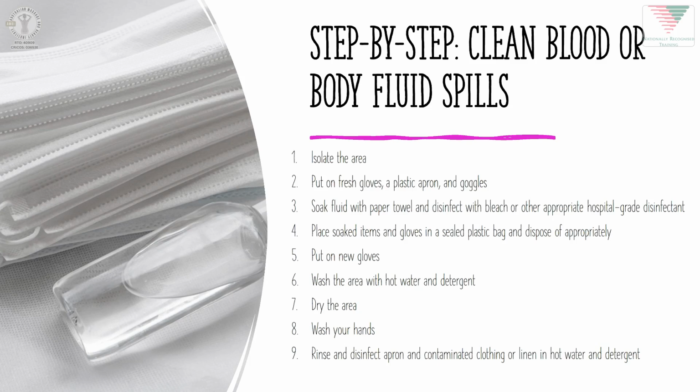Place soaked items and gloves in a sealed plastic bag and dispose of appropriately. 5. Put on new gloves. 6. Wash the area with hot water and detergent. 7. Dry the area. 8. Wash your hands.